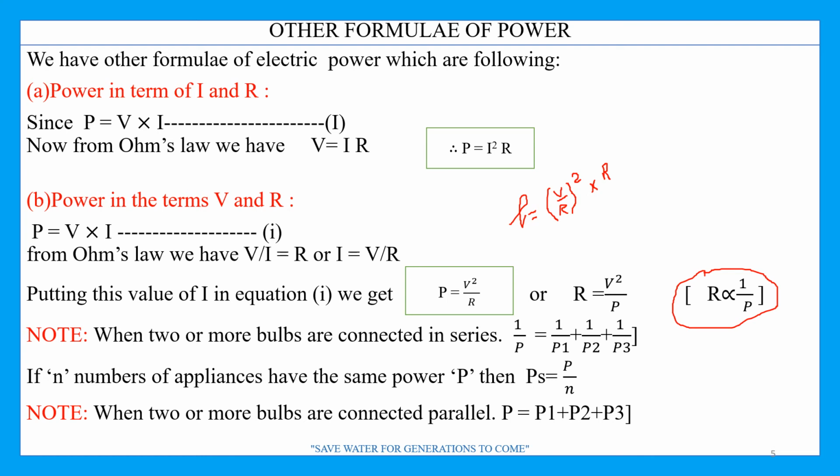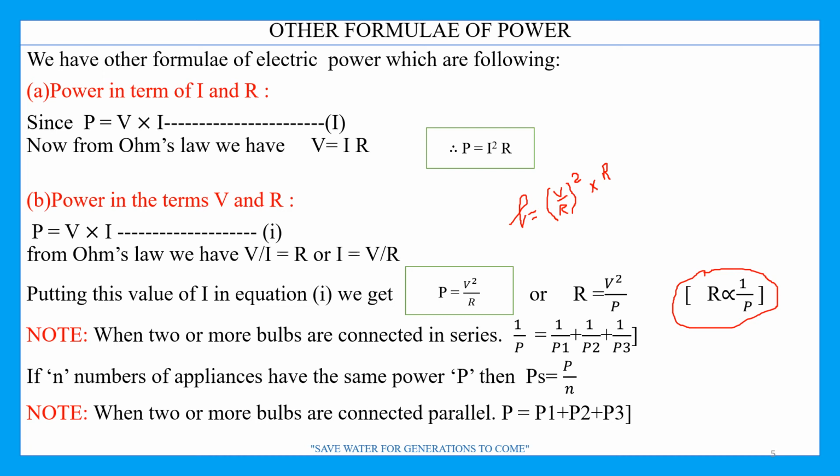It is very important to know this is for n appliances of the same power. If 30 small bulbs are being used, each of 2 watt, then it is 2 watt upon 30, where 30 is the number.